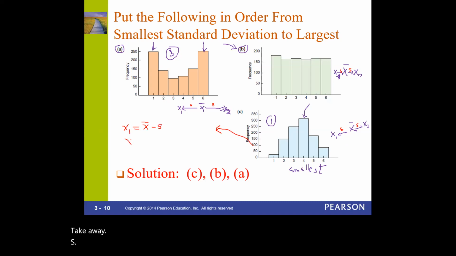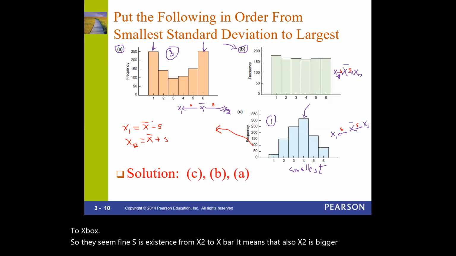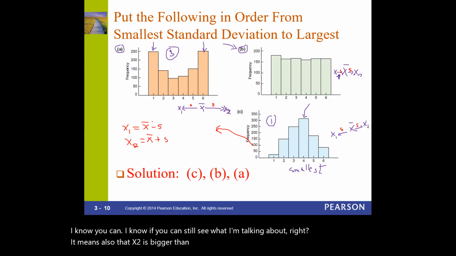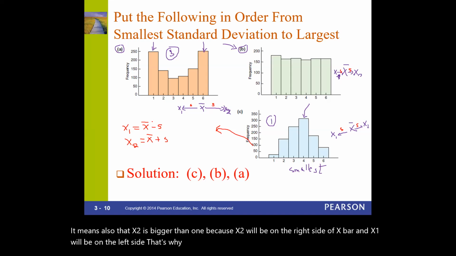Or you can say x2 is equal to x bar plus s, something like that, because s is the distance from x1 to x bar, and also at the same time s is the distance from x2 to x bar. It means that x2 is bigger than x1, because x2 will be on the right side of x bar and x1 will be on the left side. That's why one is negative and the other one is positive.